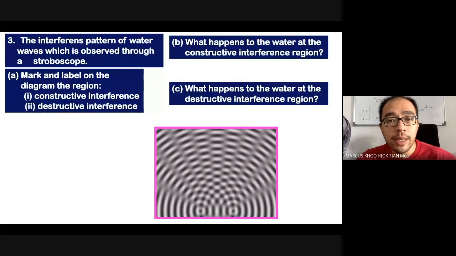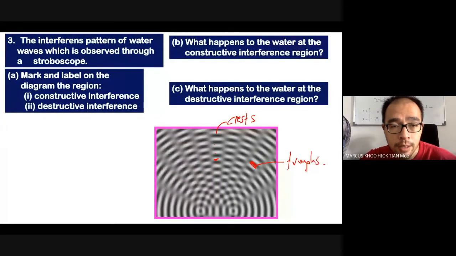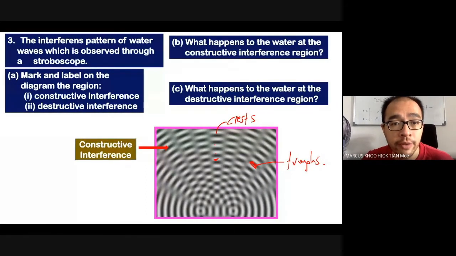So let's assume that all these bright lines, all the white ones, are crests. And let's assume that all these black lines are troughs. We can see a very clear black, white, black, white pattern, so we can call this place constructive interference.